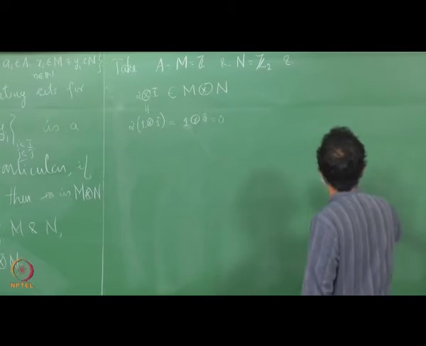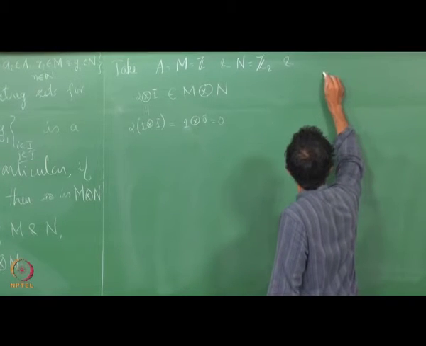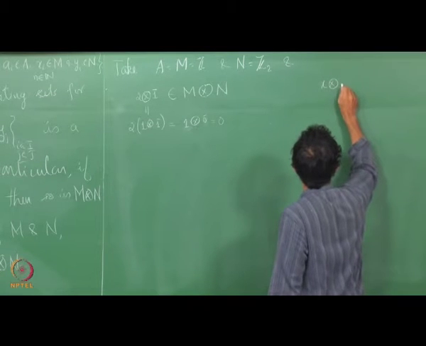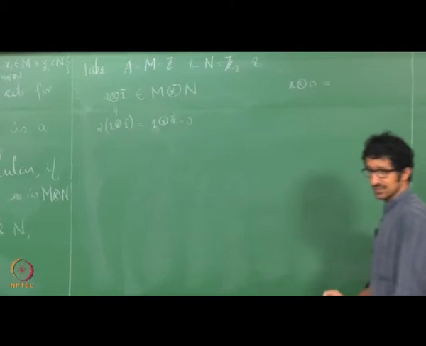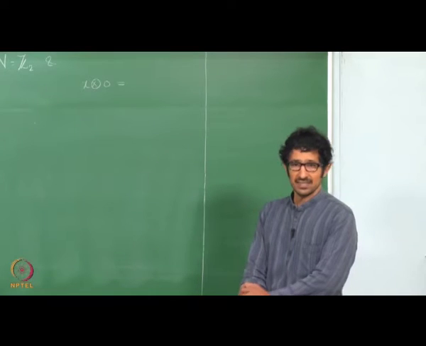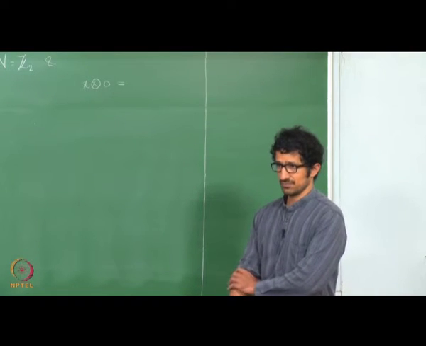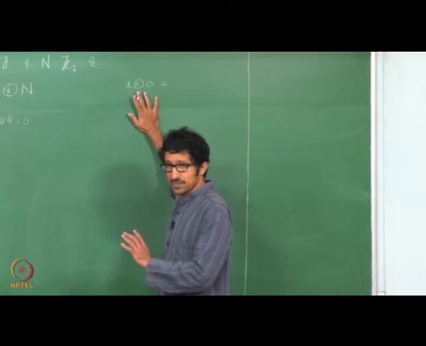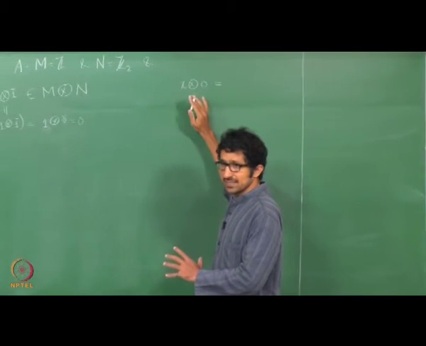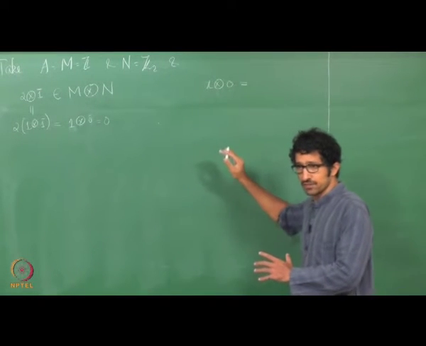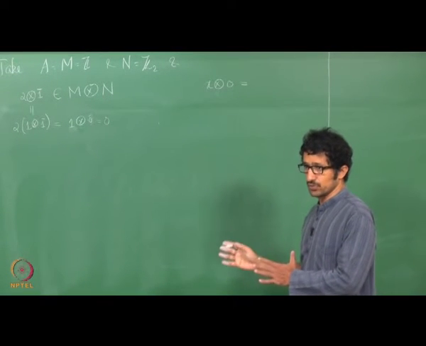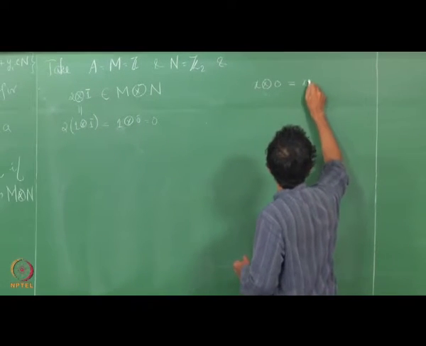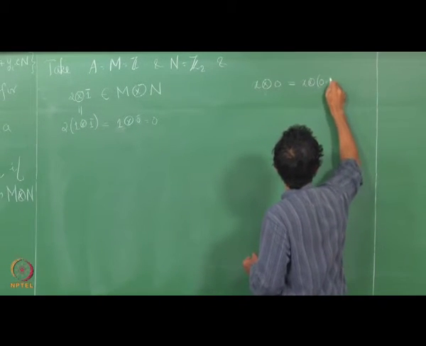So this is one thing. Suppose you take in M tensor N any x tensor 0, where this 0 is the additive identity of the module. How do you see that this is 0? This is equal to x tensor (0 plus 0).